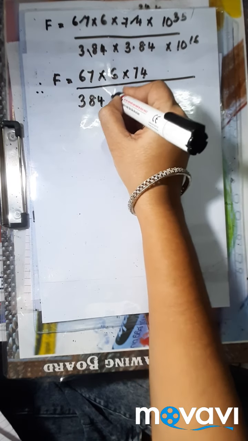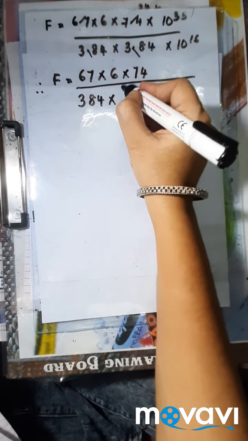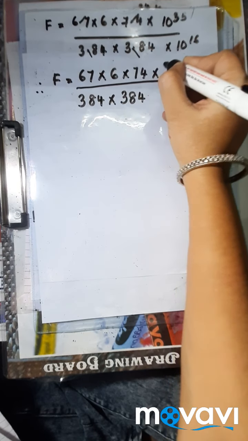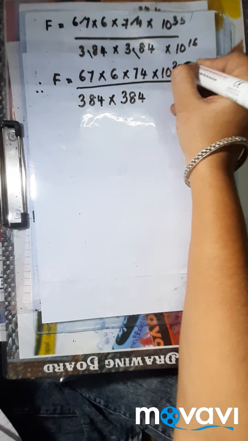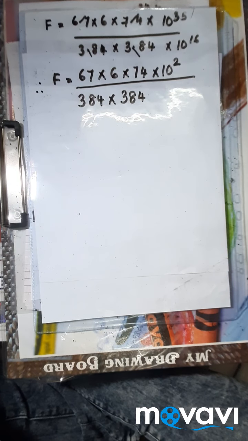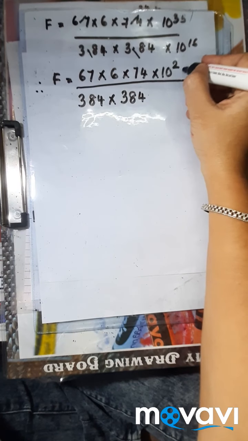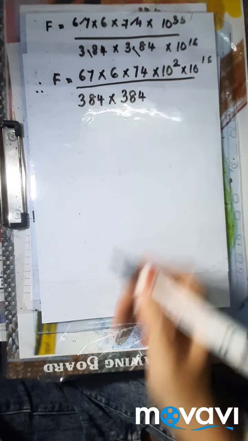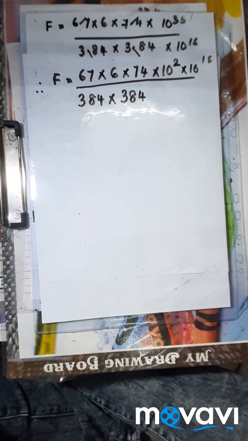so this becomes 384. Now if I want to remove this decimal place, I have to multiply by 10 raised to 2 in the numerator.